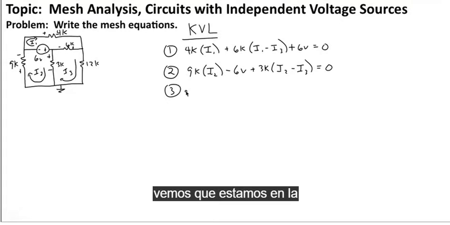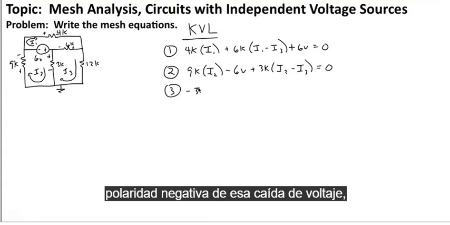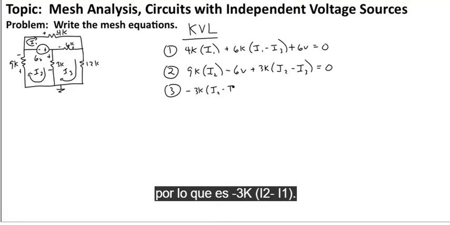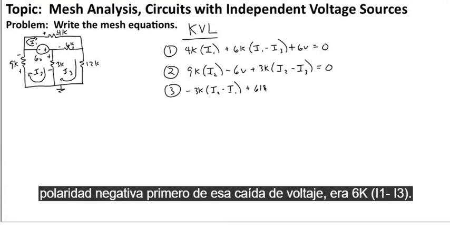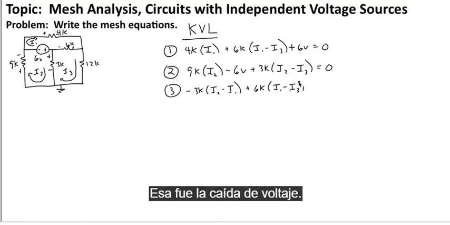So it's minus 3K times (I2 minus I3). Now going up to the 6 kilo ohm resistor, in the negative polarity first of that voltage drop, it was 6K times (I1 minus I3). We see that from equation 1.